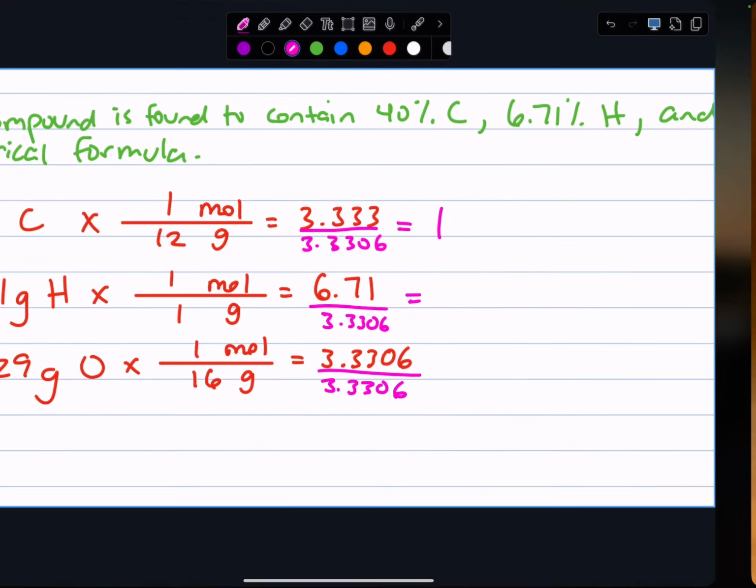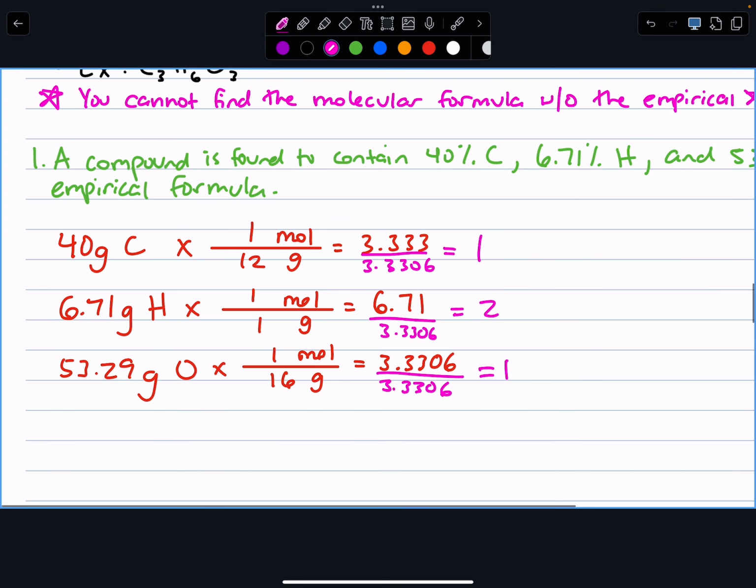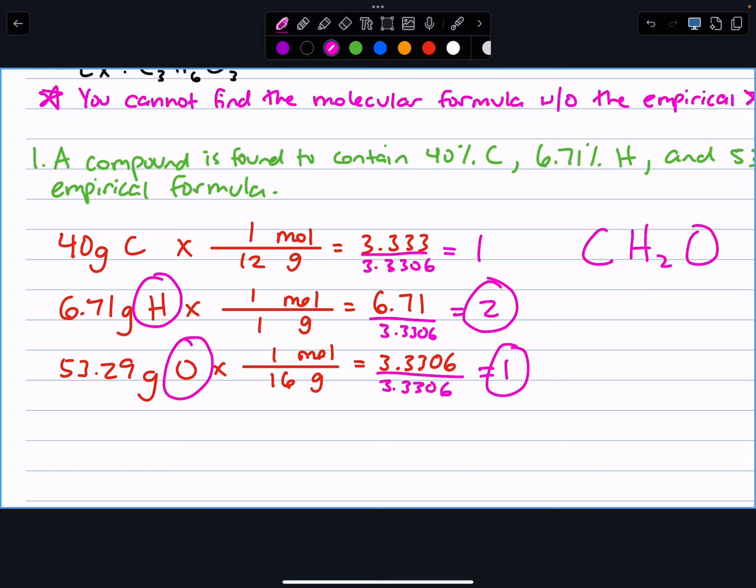Just 2. So I go back over here, 2. Obviously, anything divided by itself is 1. So, in conclusion, how many carbons do I have in my formula? How many hydrogens? How many oxygens? There's my final answer.